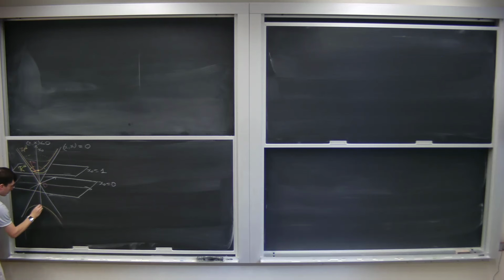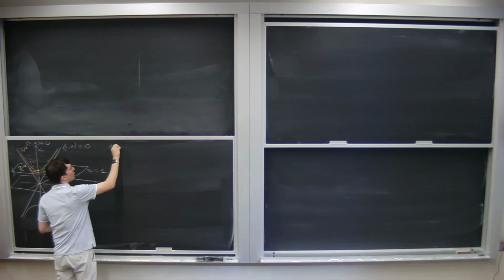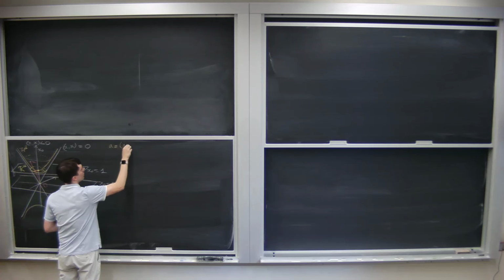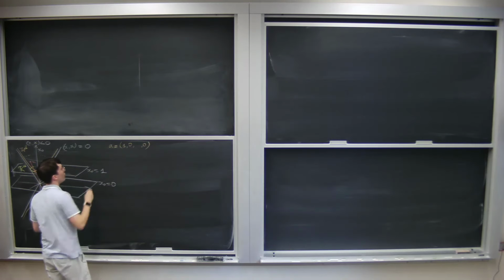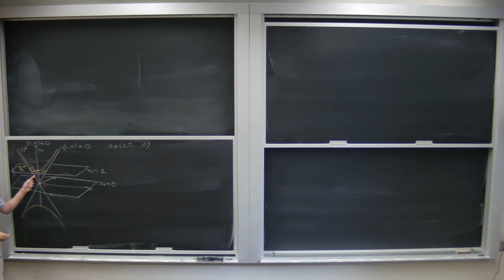Another model, let me remind again, is obtained via the stereographic projection. Let me denote this point by A, the point with coordinates 1 and the remaining coordinates 0.